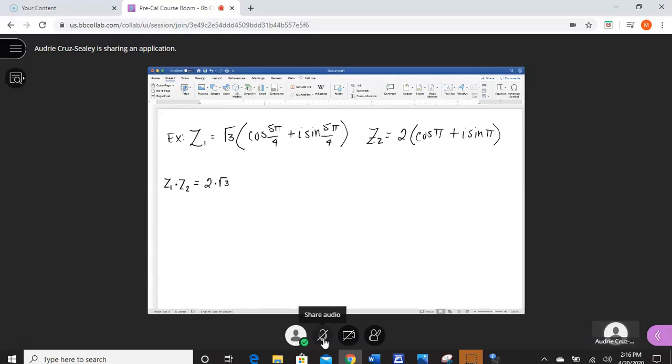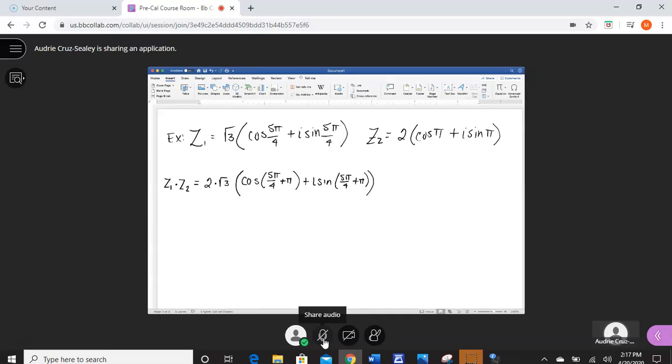So we're multiplying the 2 and the square root of 3 together. And then open up parentheses. And this would become cosine of 5 pi over 4 plus pi plus i sine of 5 pi over 4 plus pi.